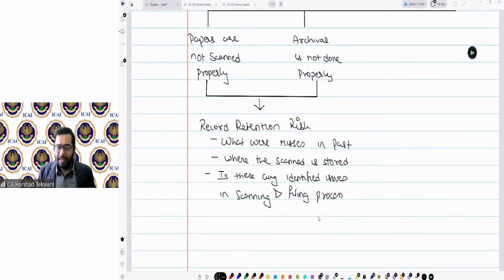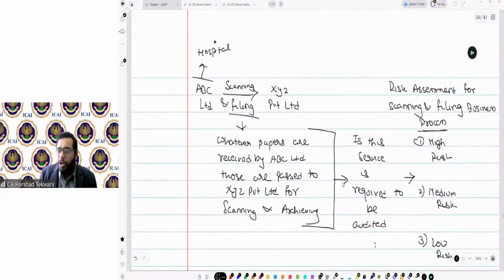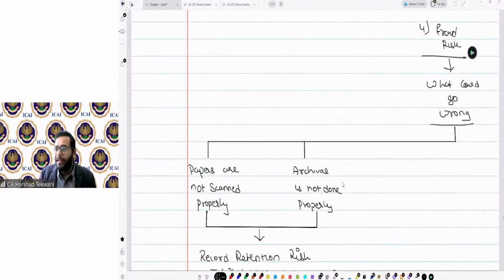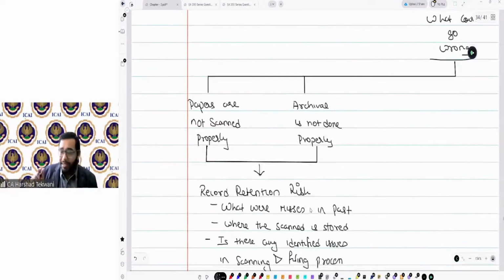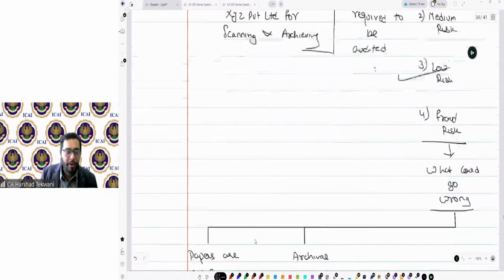There are a lot of things to understand. This is not the first time documents are being scanned; ABC also does it, and XYZ also does it. But trust me, if I see only one single risk, record retention risk, I will classify it as a low risk.